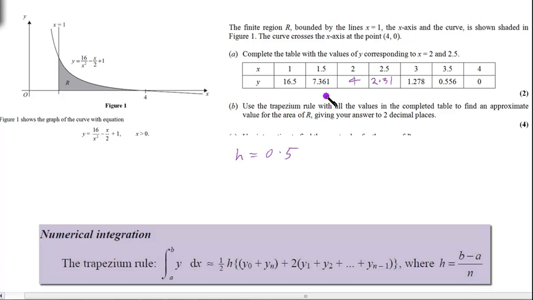So just be warned. So anyway, the area is approximately equal to a half times h, which is 0.5, times the first and last values added together, so 16.5 plus 0, plus 2 times all the other values. All the other values, because you're adding up a series of trapeziums.